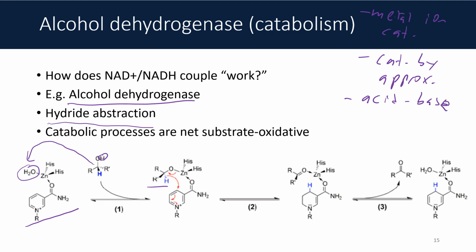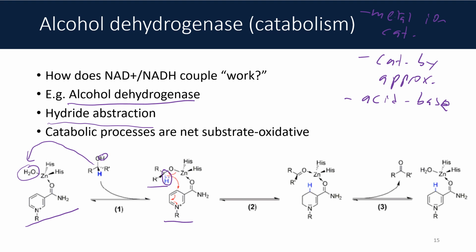And that maximizes its ability to bind the zinc and approximate its correct position. That hydrogen is not what ends up on our NADH molecule. Instead, it is the carbon-hydrogen bond vicinal to the hydroxyl group that will donate the hydride to the para position of our pyridinium moiety, like so.